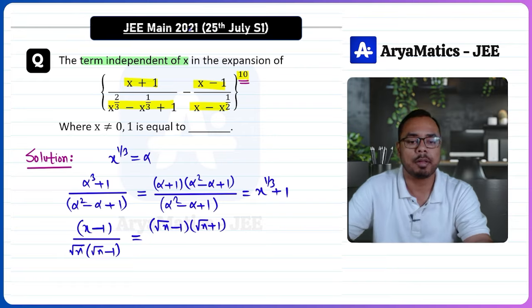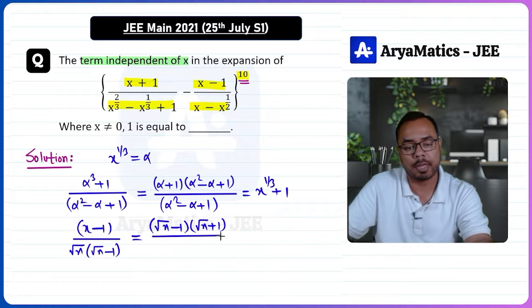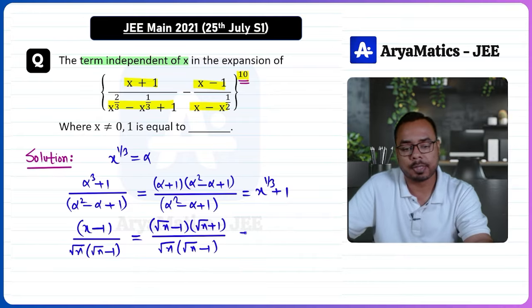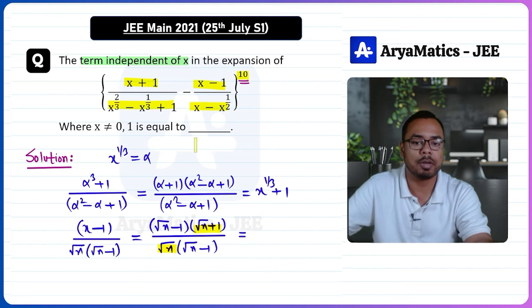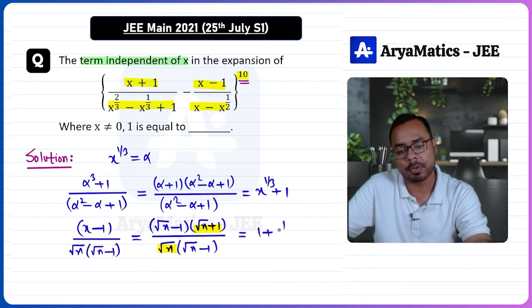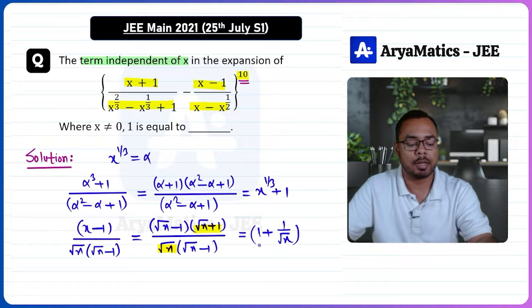And in the denominator, we have root x into (root x minus 1). And now you can see that root x minus 1 will cancel. So basically we are left with (root x plus 1) divided by root x. And if you separate these two terms, then you will get root x plus 1 by root x. So this is the second term, right?